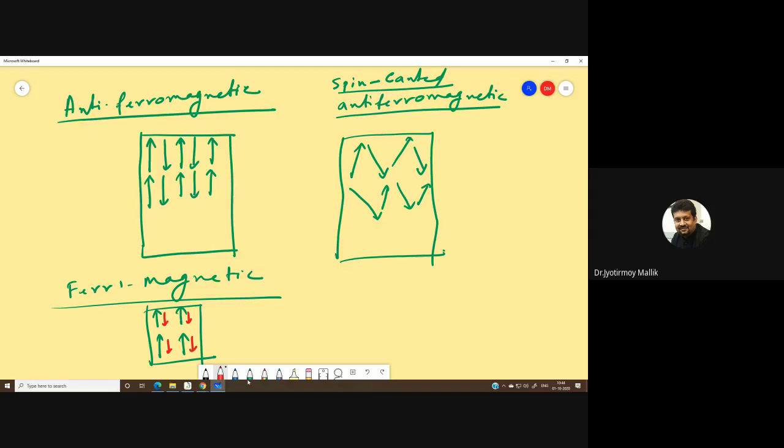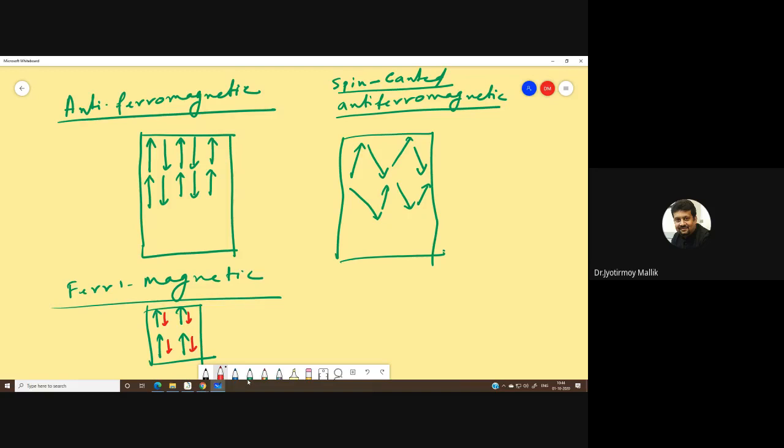You can see the green one is stronger than the red one, so there is a net magnetic moment present. But for antiferromagnetic and spin-centered antiferromagnetic, you don't find any net magnetic moment.